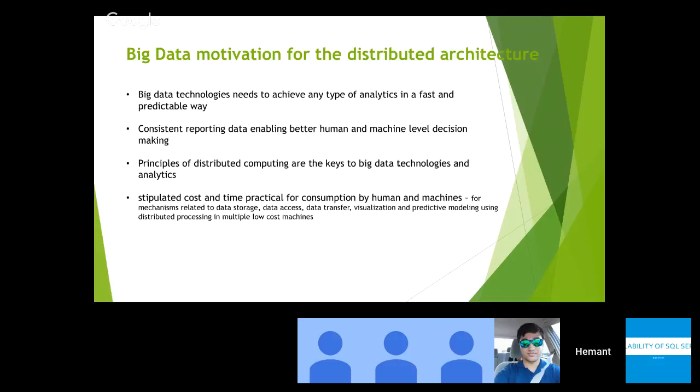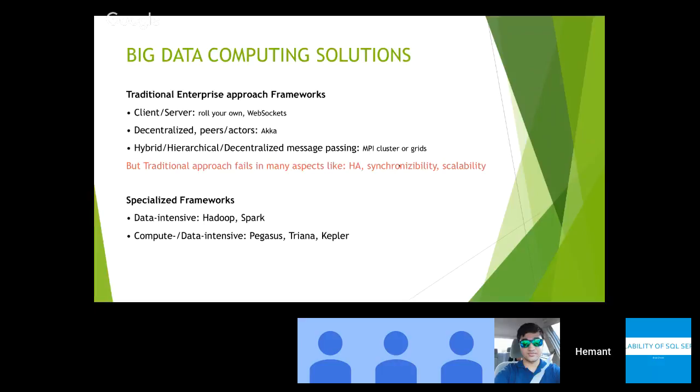Now, looking at big data, let's see how an organization applies these solutions. There's a traditional enterprise approach framework which the organization can go with, or there are some specialized frameworks. In traditional, we can have a client server architecture, with multiple servers supported behind an alias, which, in round robin fashion, try to address your computation need.